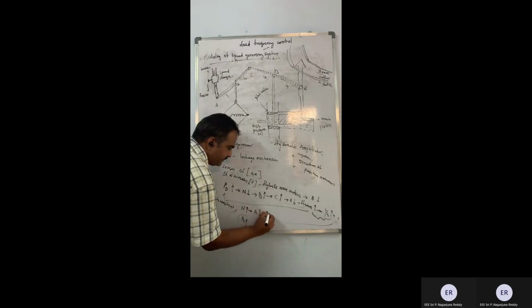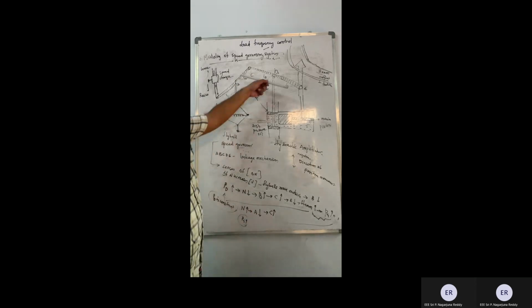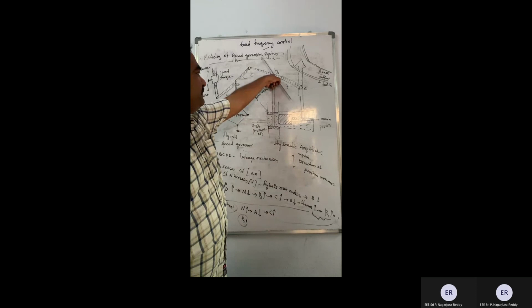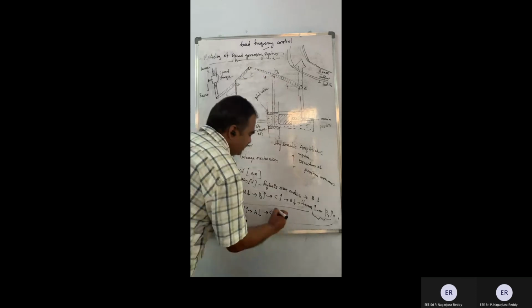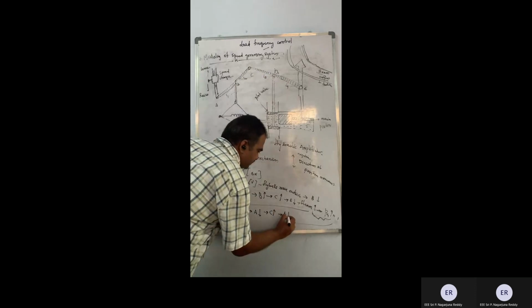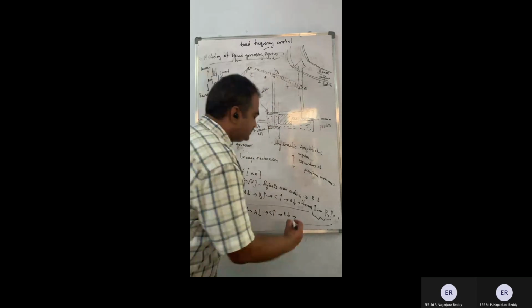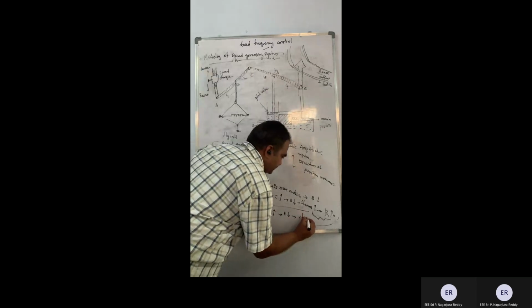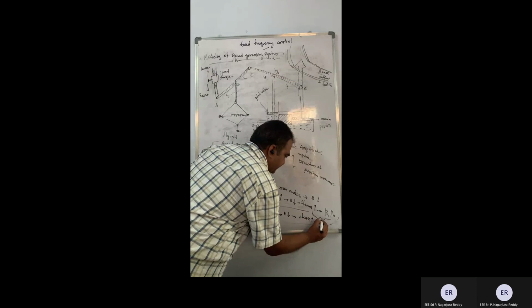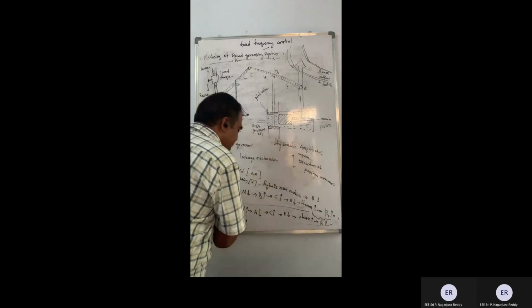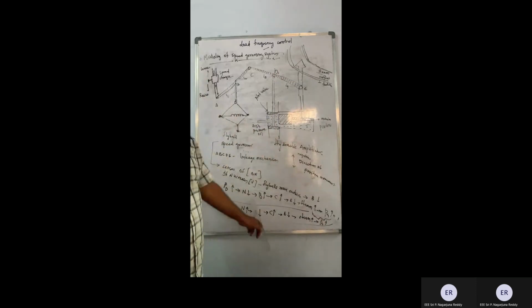C will increase. If C increases, what will happen to E? E will decrease. If E decreases, steam output will increase. Thereby, PG increases. This is the target, and I have achieved the target of increasing my PG.